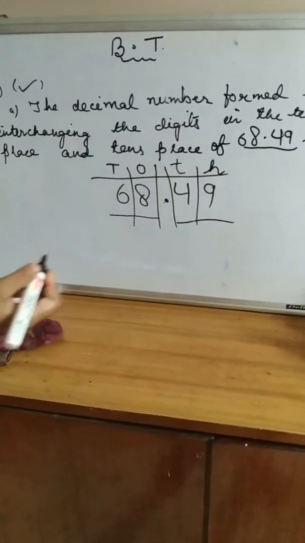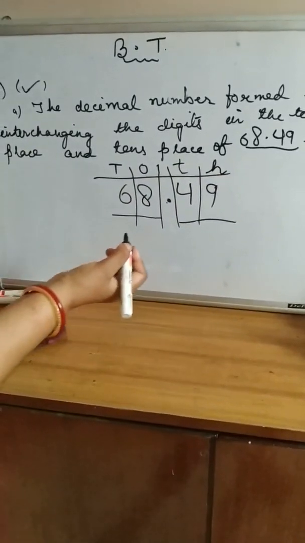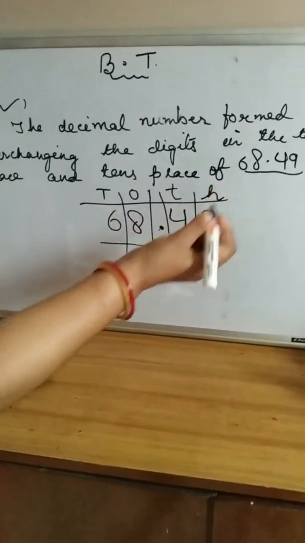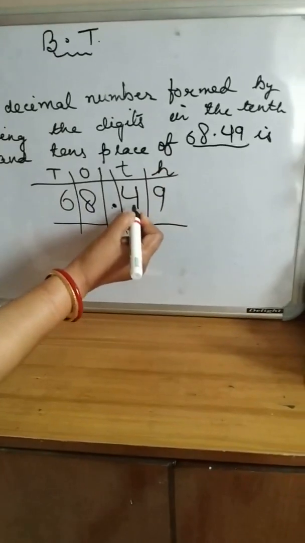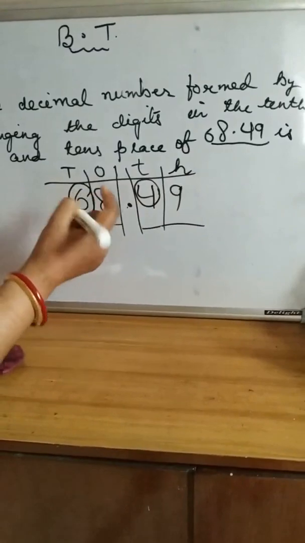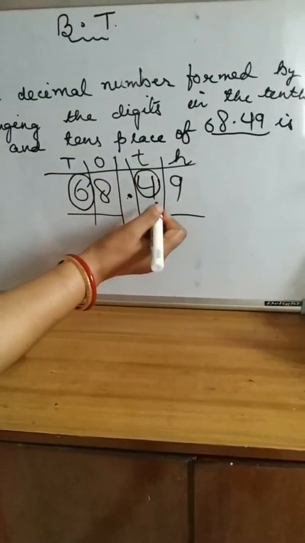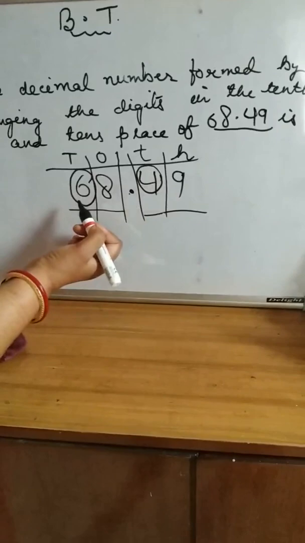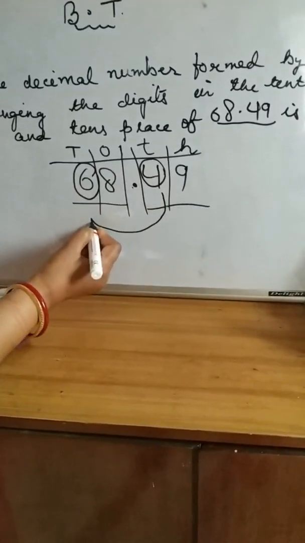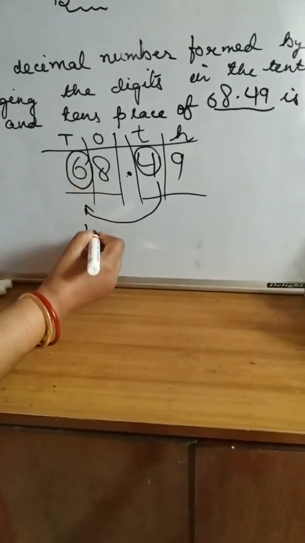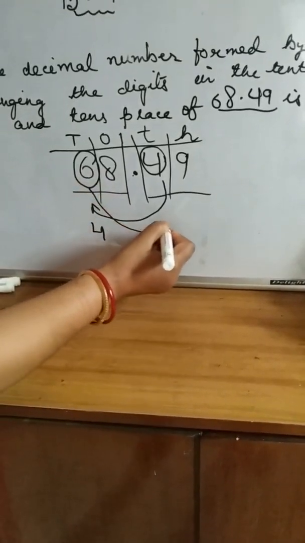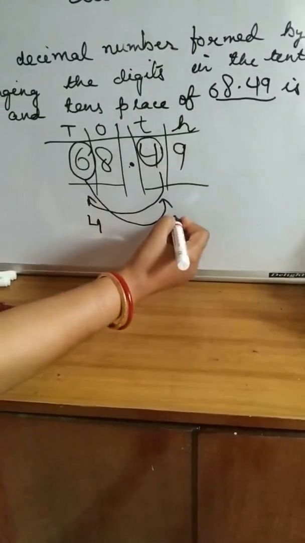So here the question is, you have to interchange the position of the tenths and hundredths. This is the tenths digit, 4, and this is the hundredths digit. So you have to interchange the position of the tenths and hundredths. It means the tenths digit number, you have to take to the hundredths place, and the hundredths digit number, you have to take to the tenths place.